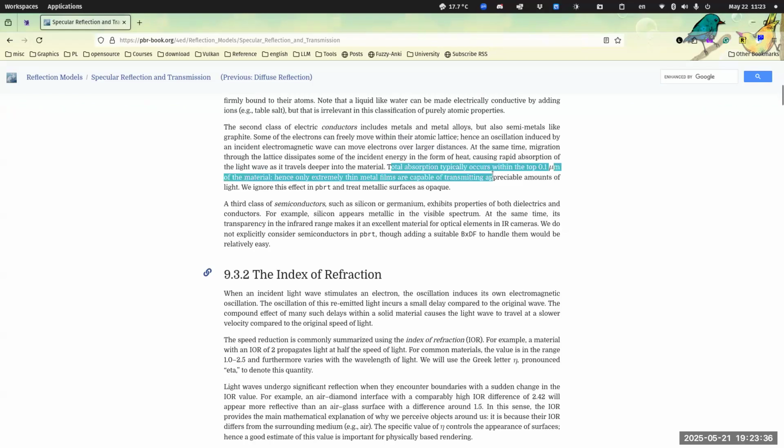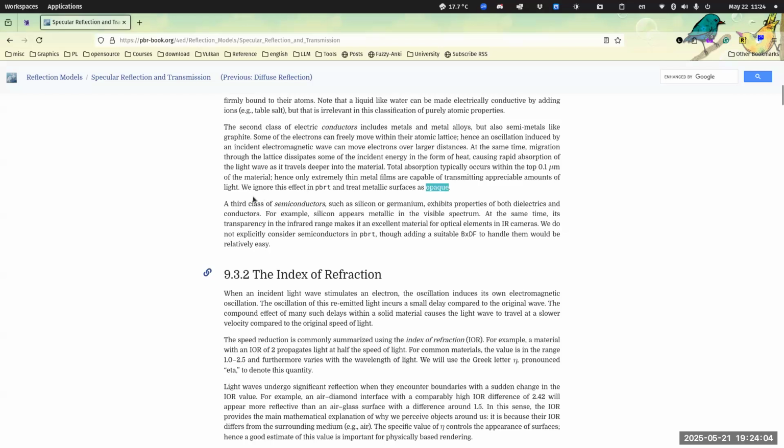Total absorption occurs within the top 0.1 millimeter of the material, and only extremely thin metal films are capable of transmitting an appreciable amount of light. We ignore this part and just treat metallic surfaces as opaque.